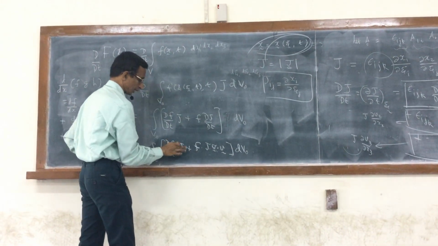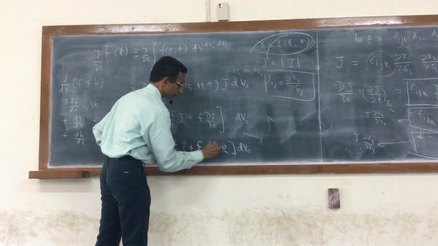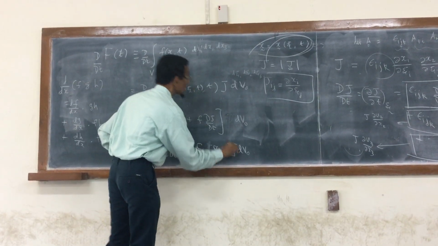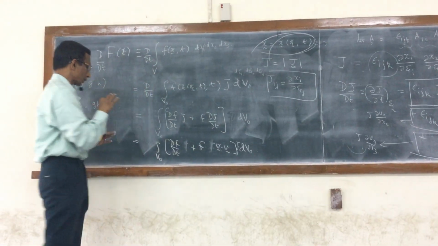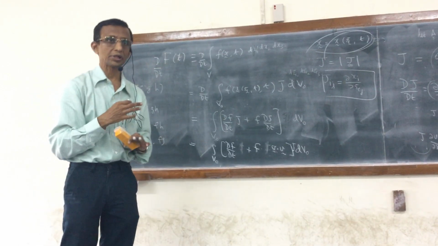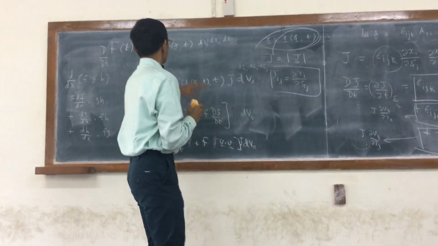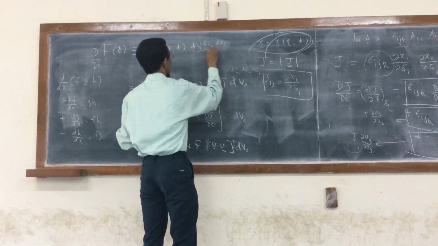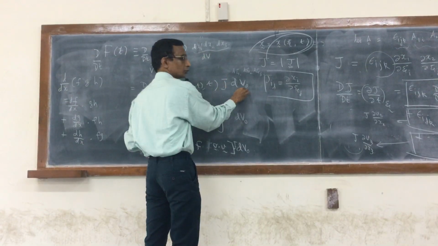What I will now do is take the J out and actually convert it back to the spatial. Because I initially had dB and I converted dB to J dB naught.